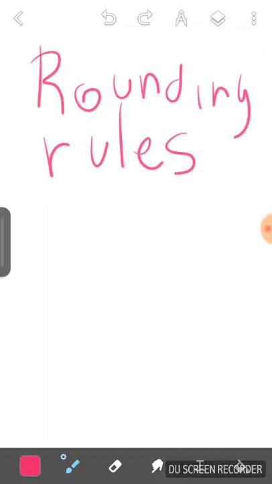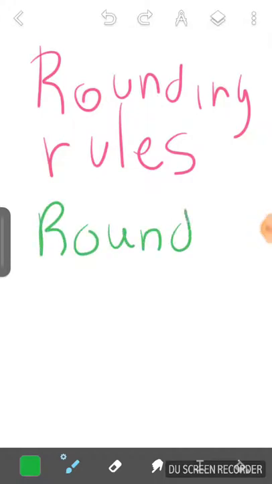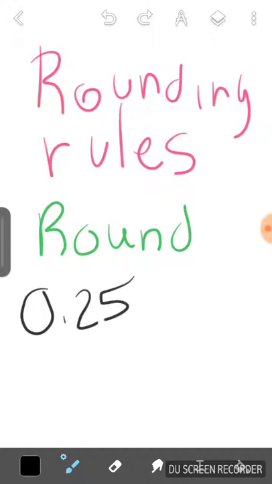So if you get, I'm gonna say round, and I'm gonna tell you what to round, all right? You're gonna round 0.25 is equal to what?